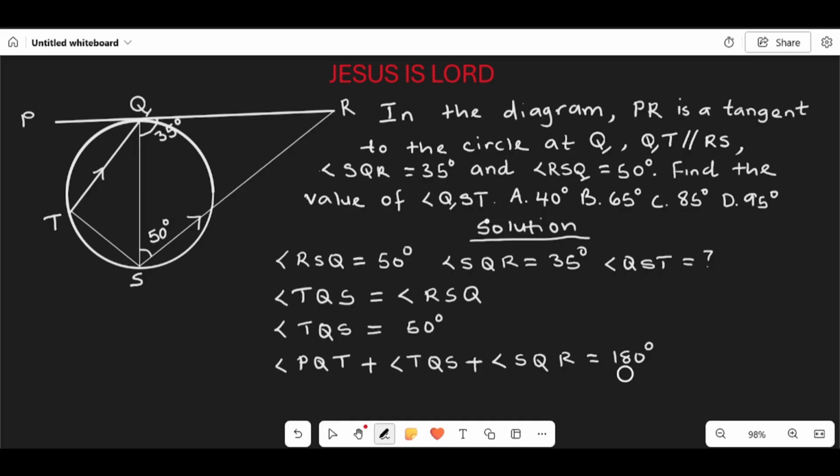Now let us substitute our angle TQX and angle XQR into this equation.